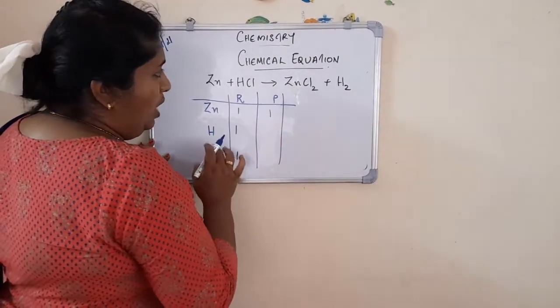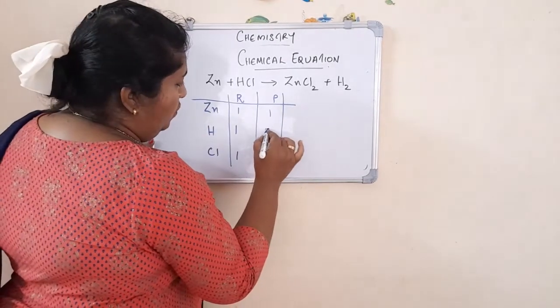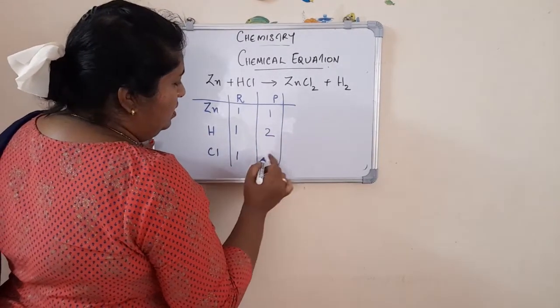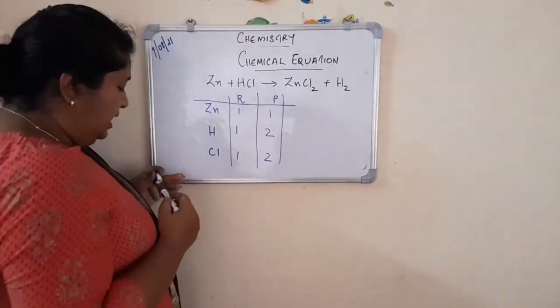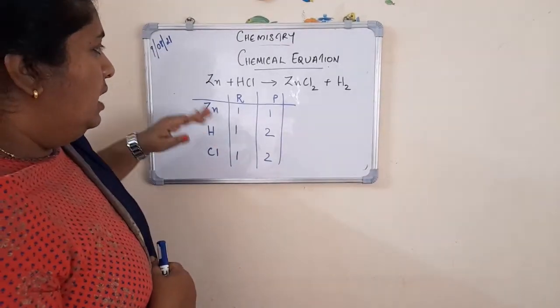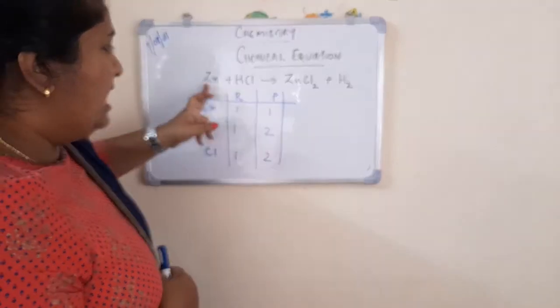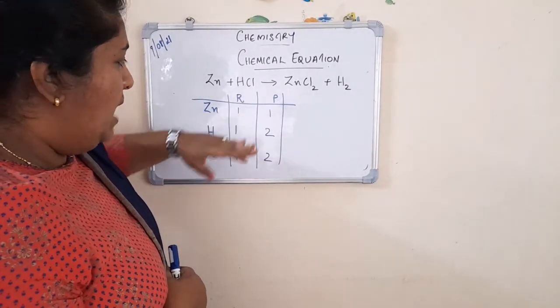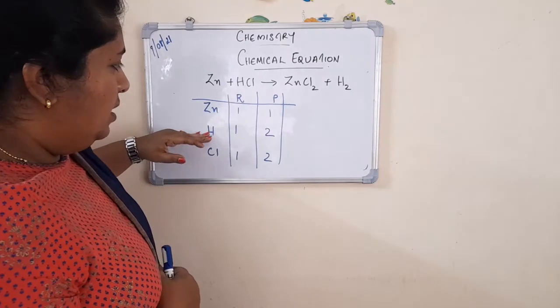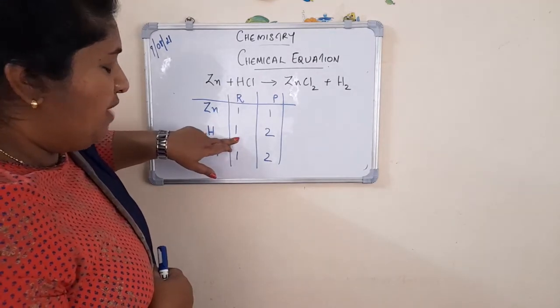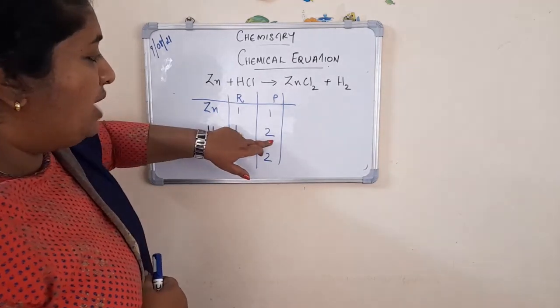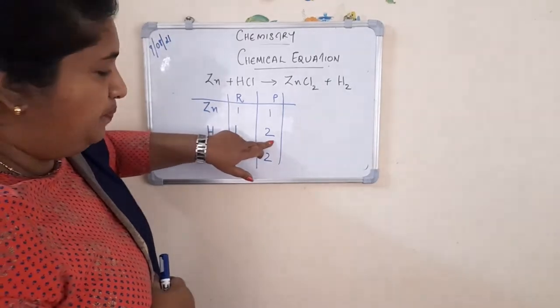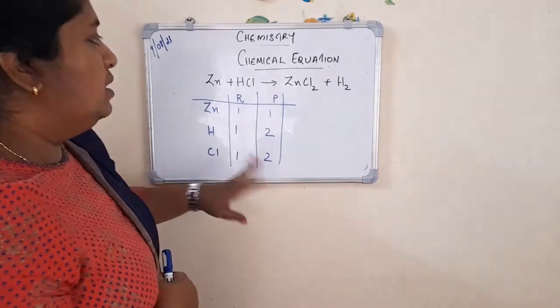What about hydrogen? 2. And what about chlorine? 2. See, only for zinc is the number of atoms the same in reactants and products. But for hydrogen, in the reactant side the number of atoms was 1, but in the product side it is 2. Same thing with chlorine also.